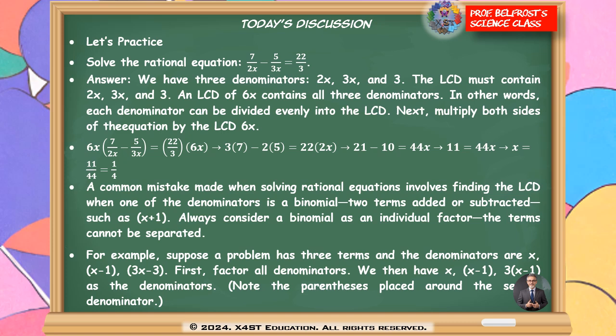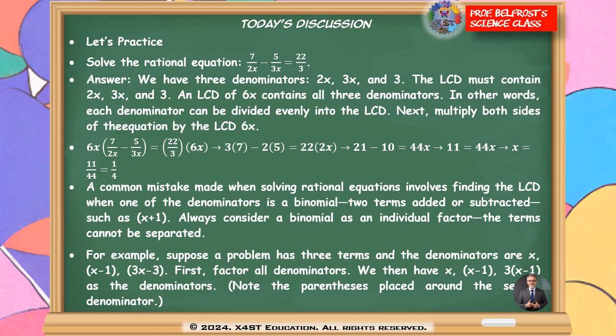A common mistake when solving rational equations involves finding the LCD when one denominator is a binomial, so two terms added or subtracted, such as x plus 1. Always consider a binomial as an individual factor; the terms cannot be separated. For example, suppose a problem has denominators x minus 1 and 3x minus 3.